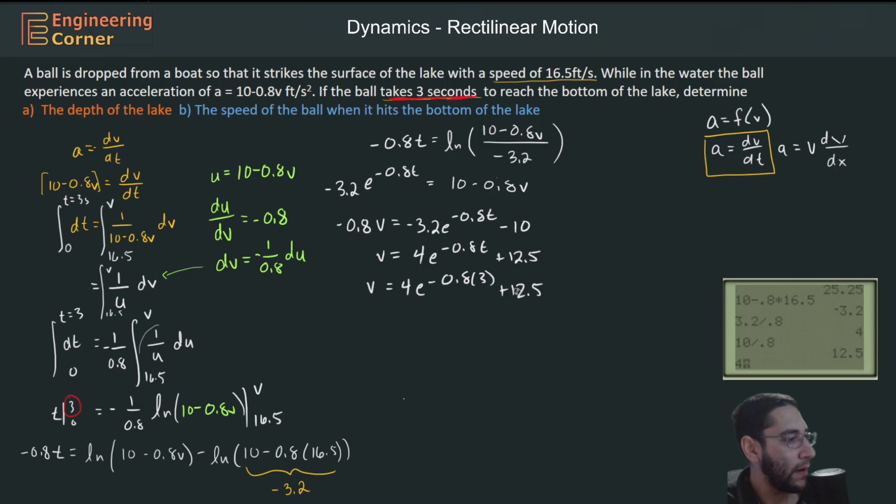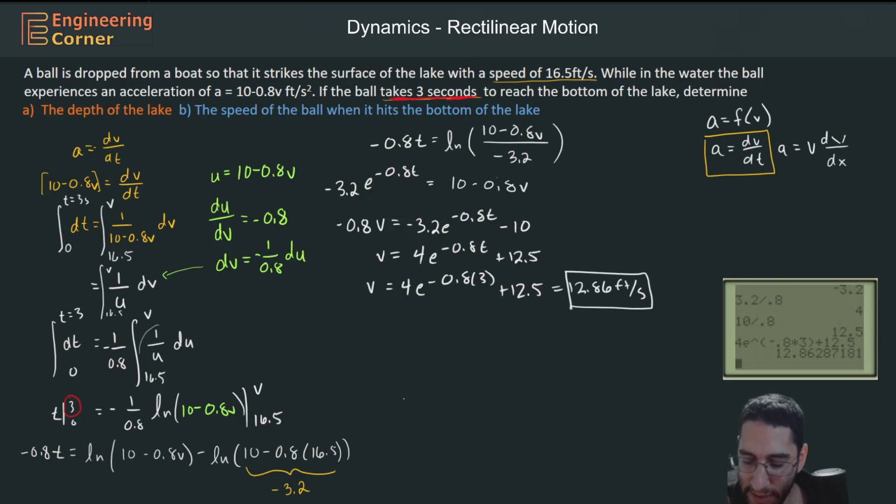I get 12.86. So 12.86 feet per second. This right here is actually part B.